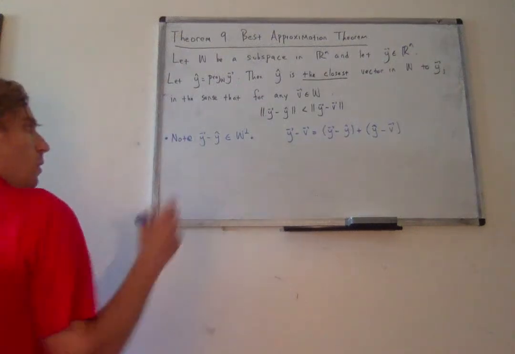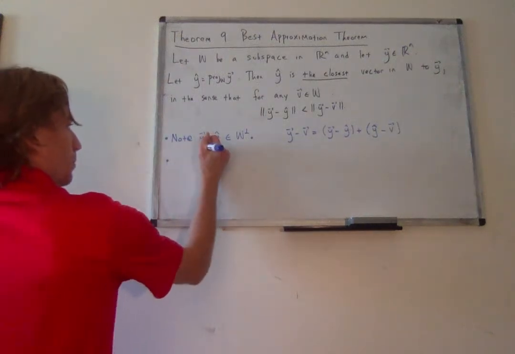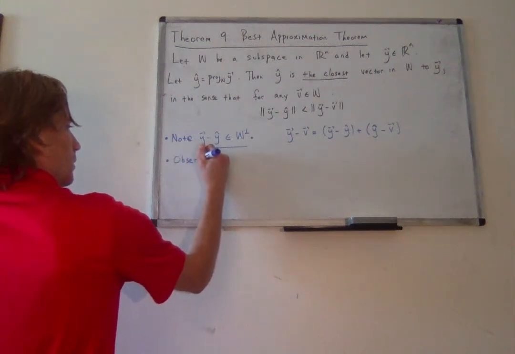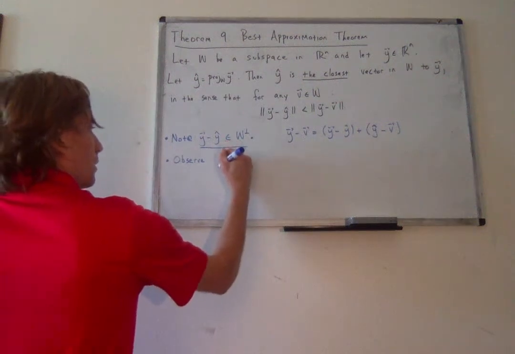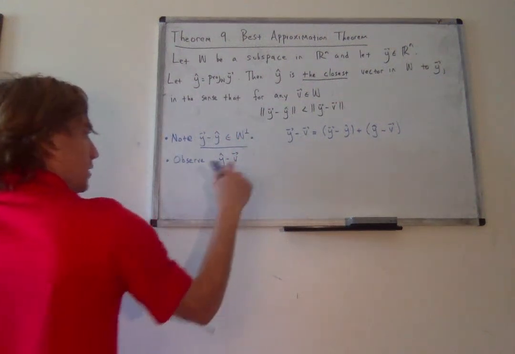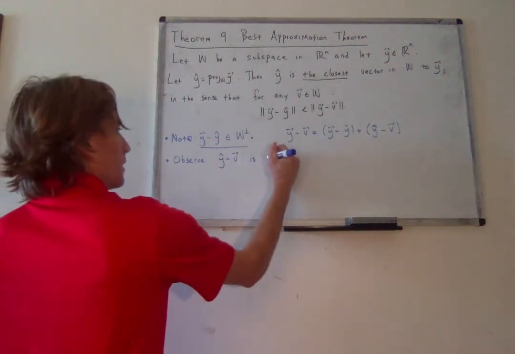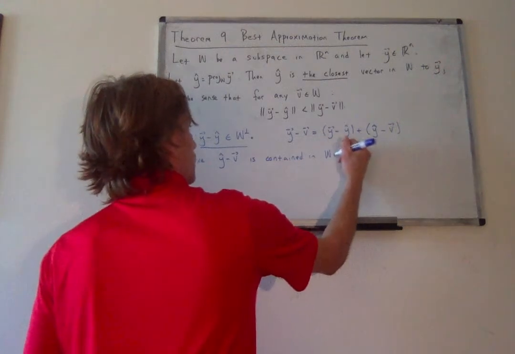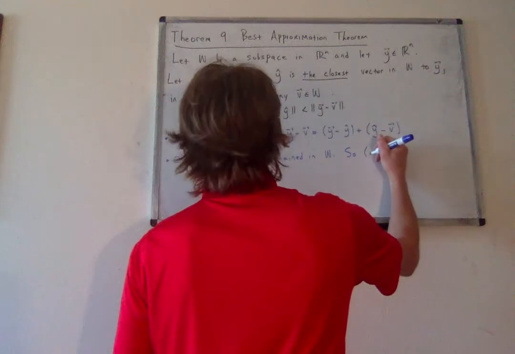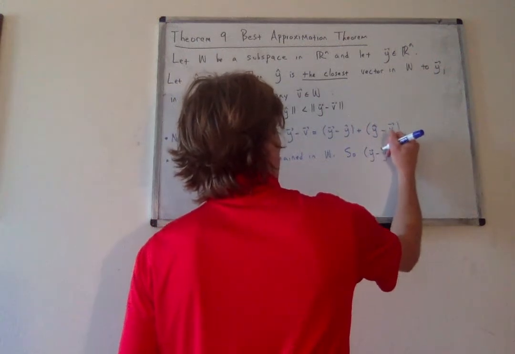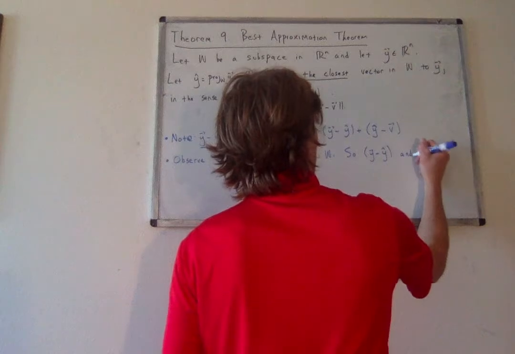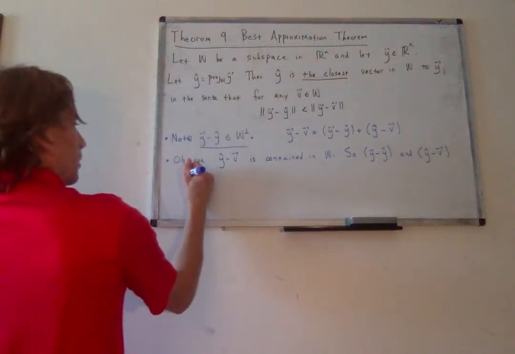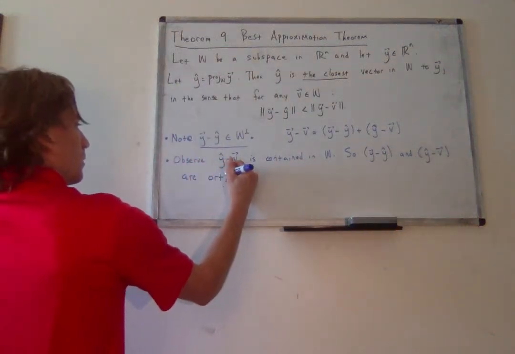So in doing this, first observe that y hat minus v is contained in W. So these two vectors, y minus y hat and y hat minus v, are orthogonal.